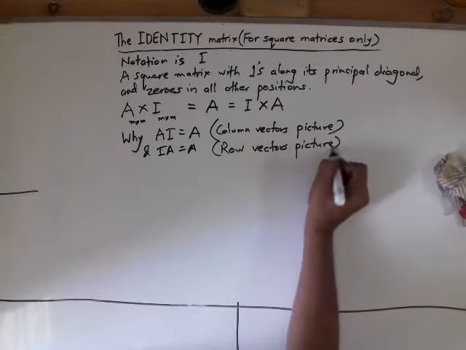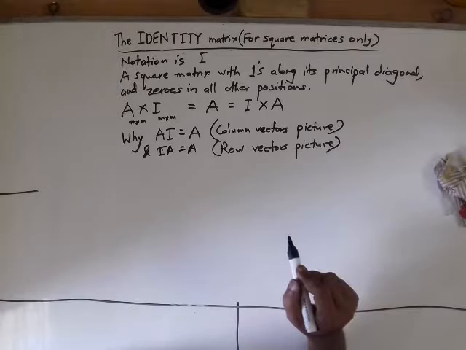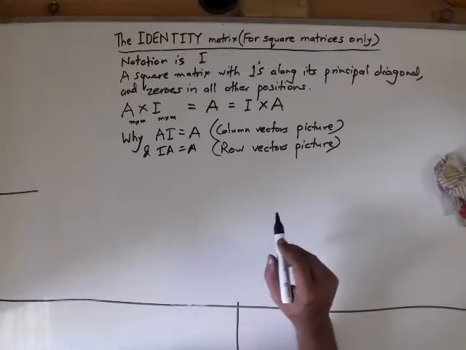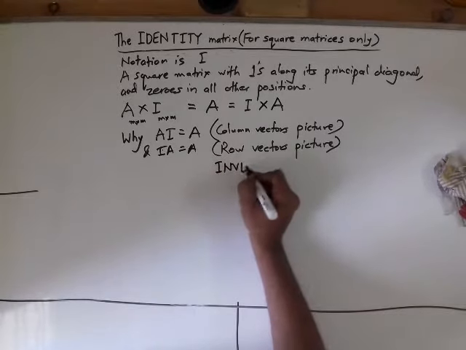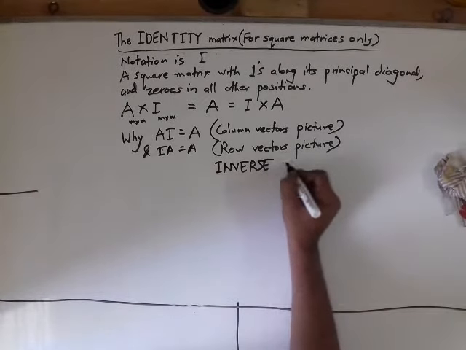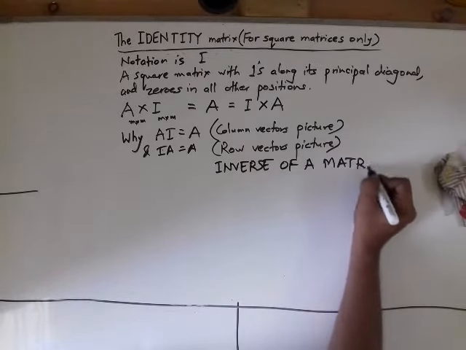I just wanted us to spend some time on the identity matrix, because it is a very important building block when we come to the inverse of a matrix, which is probably the next video I do.